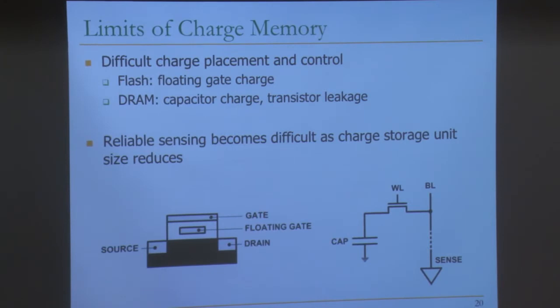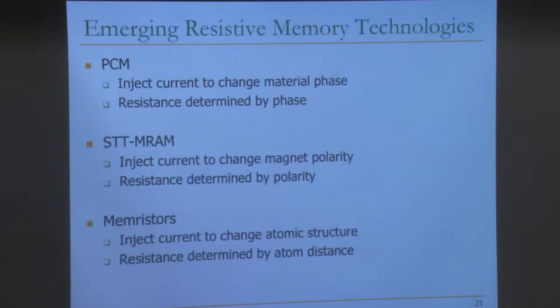And so reliable sensing becomes really difficult as the charge storage unit's size reduces. Even if we could ideally refresh these devices, there can still be physical effects that could cause basically inconsistencies in the way that we're reading data from these devices after we store it. So this is a big problem.